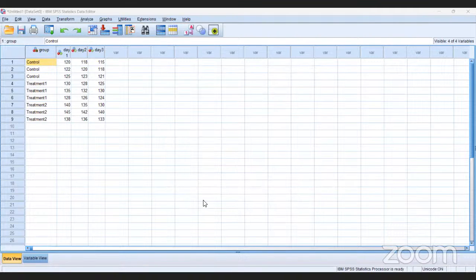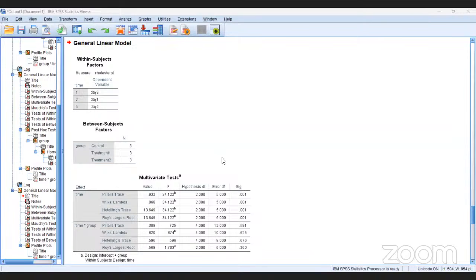So now you have noted this is the output. I am sharing the output. So here again you can find out it varies over the time. Okay, this Wilks' lambda is 0.07 and it is highly significant, 0.001.